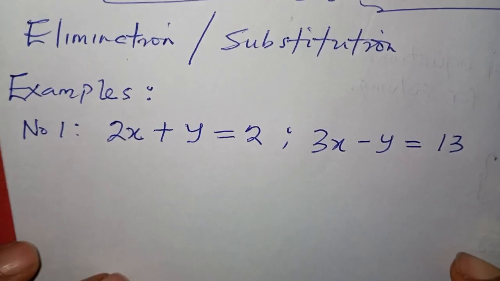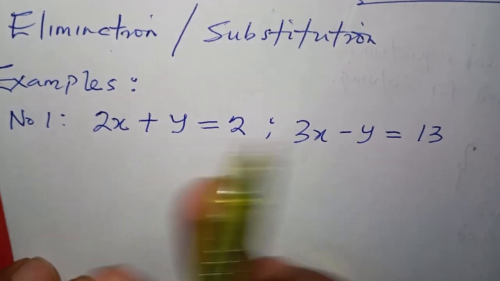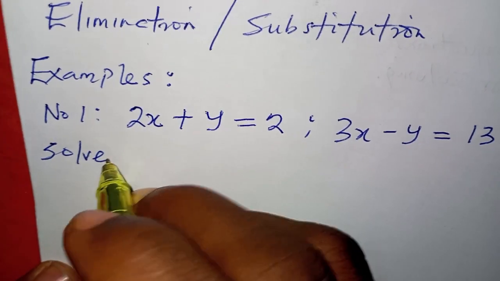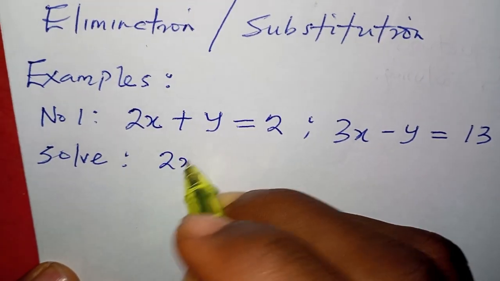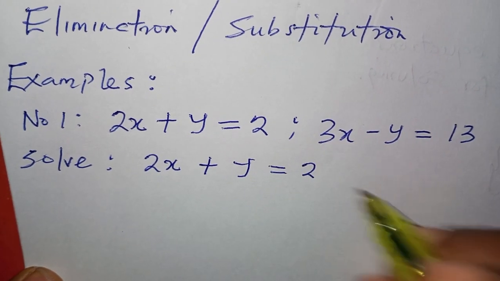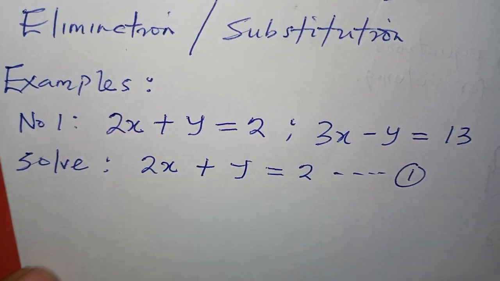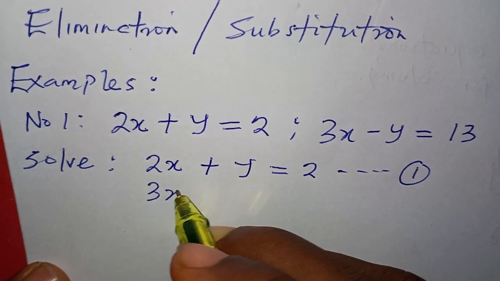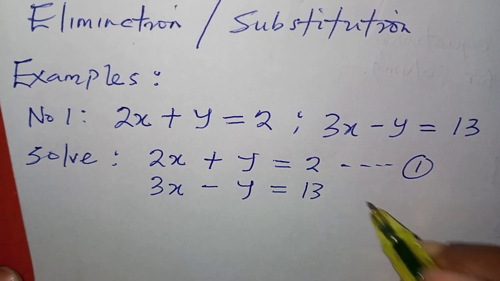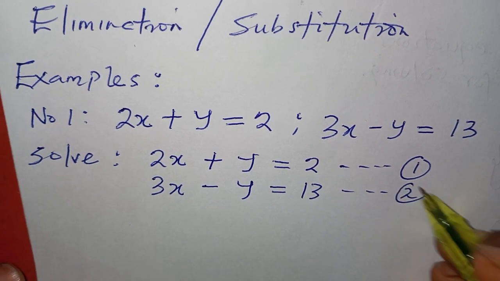Now when you are given an equation of this sort, the first thing to do is to arrange. So let us begin. We arrange by saying 2x plus y equals 2. We call this equation 1. The second, 3x minus y equals 13. We call it equation 2.